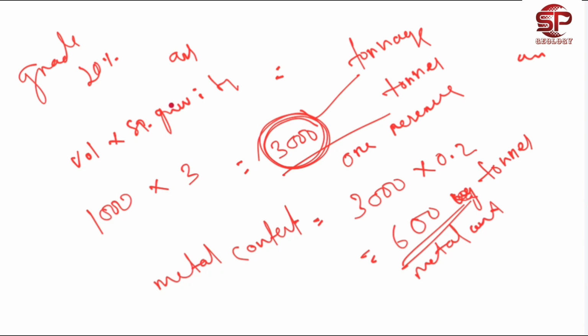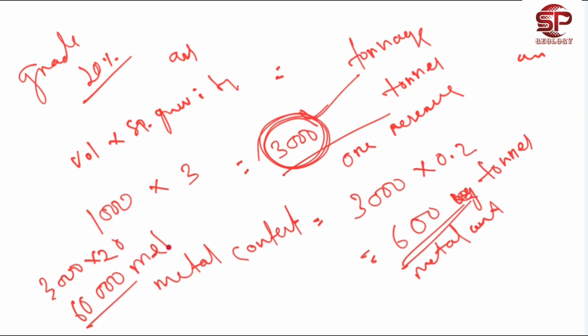What will happen if we multiply this directly? 3000 into 20, that will be 60,000. So from 3000 tons of ore, you will get 60,000 tons of metal. So multiply in decimal.